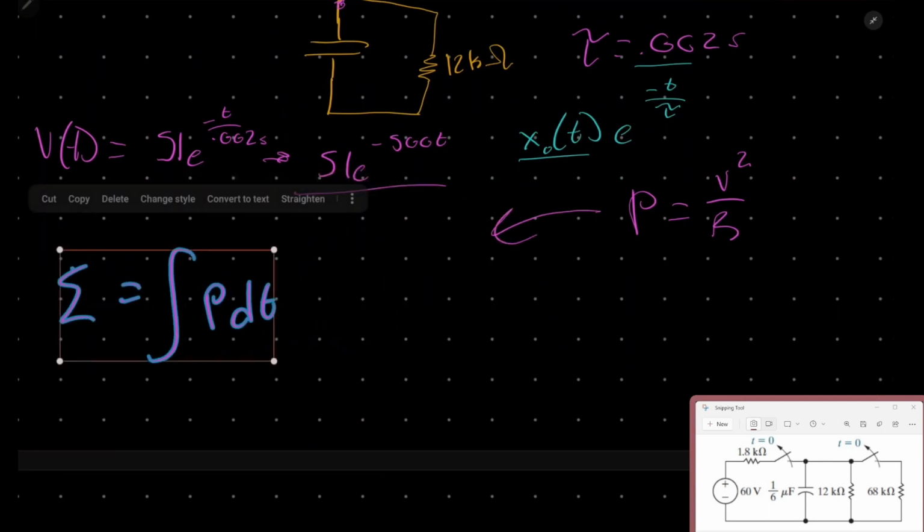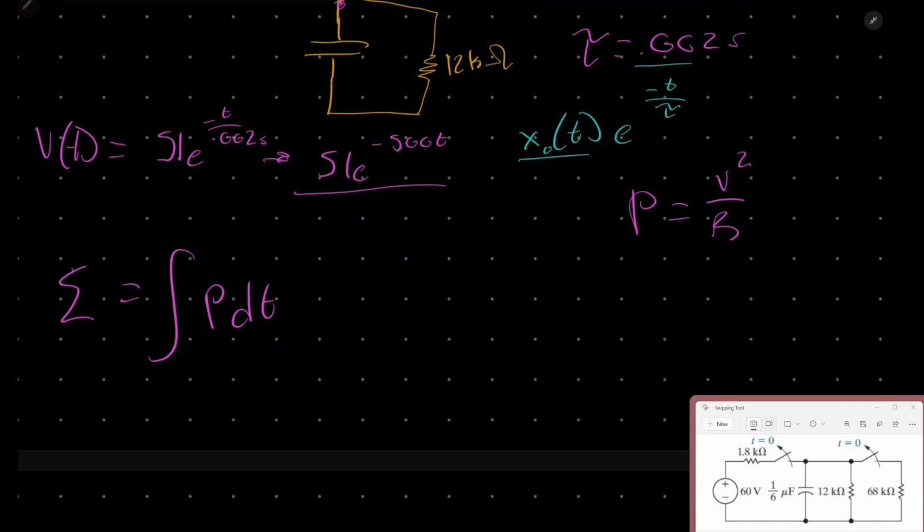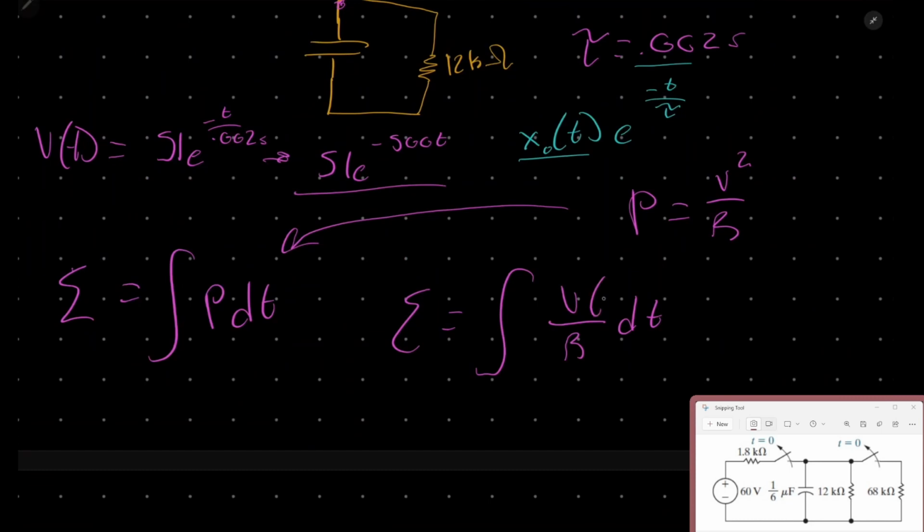Move this over. Plug that in over there. So we'll get E equal to the integral of V squared over R dt. But this isn't just V, it's V of t squared.